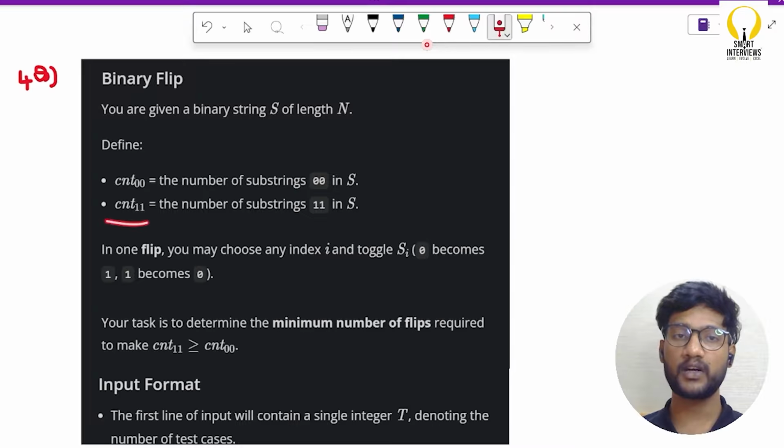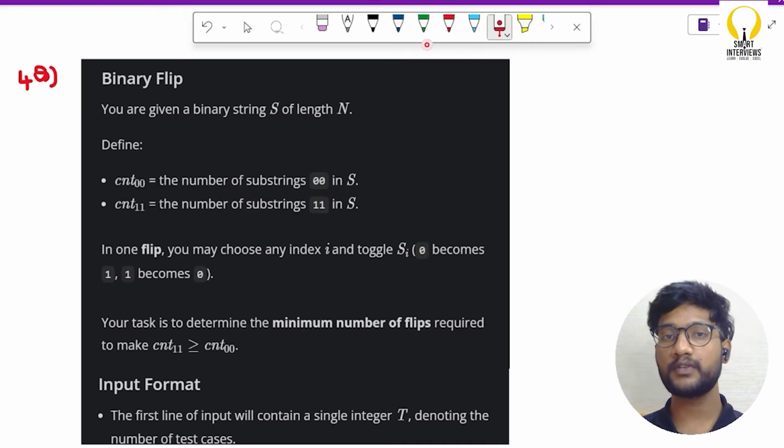In the same way, count of 11 is the number of substrings 11 in the given string, guys. In one flip, you can choose any index and toggle that S[i]. Toggle is nothing but, if you have 0, it becomes 1. If you have 1, it becomes 0.